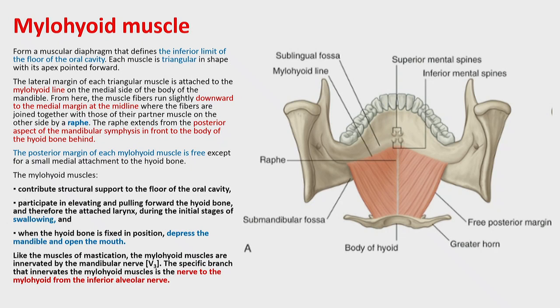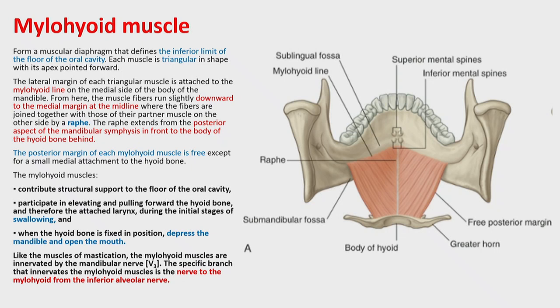Since we have the mylohyoid muscle, the innervation of the mylohyoid muscle is by the mylohyoid nerve, which is a branch of the inferior alveolar nerve, before the inferior alveolar nerve goes to the mandibular foramen. Yes, be careful. The mandibular foramen is not the site for the passage of the mandibular nerve. The mandibular nerve is coming out of the skull through the foramen ovale.